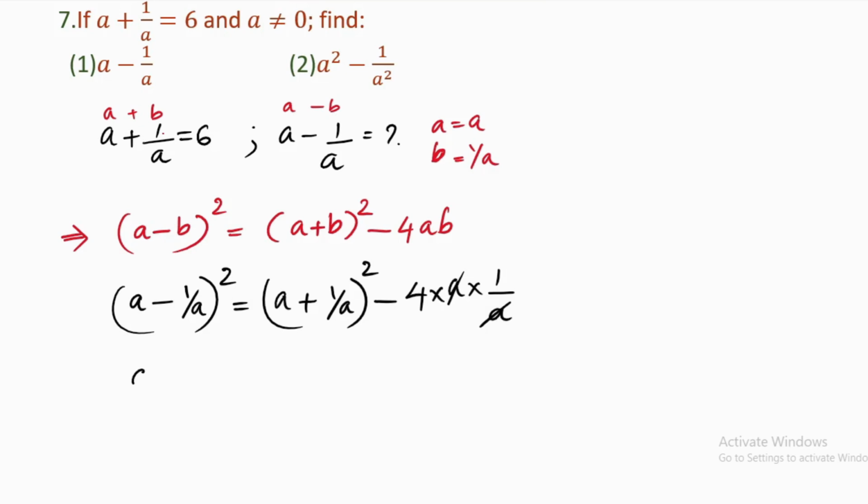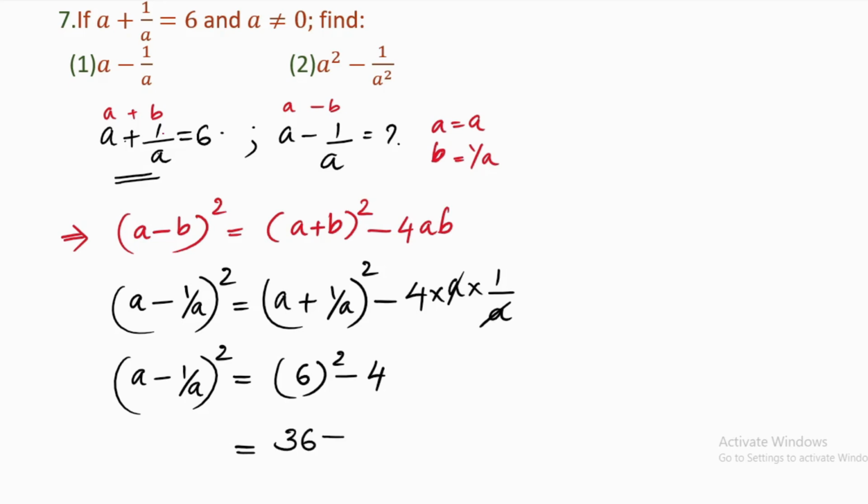We have a minus 1 by a the whole square equal a plus 1 by a the whole square minus 4, we know the value, right? A plus 1 by a equal to 6. Now we substitute the value of a plus 1 by a as 6. 6 square minus 4, which equals 36 minus 4, which equals 32, right?